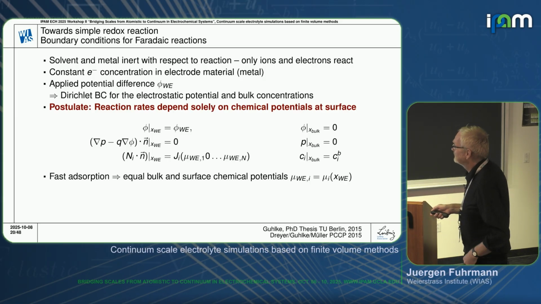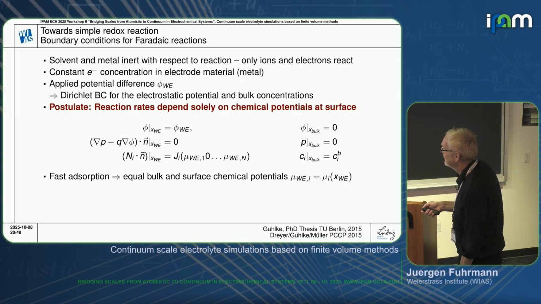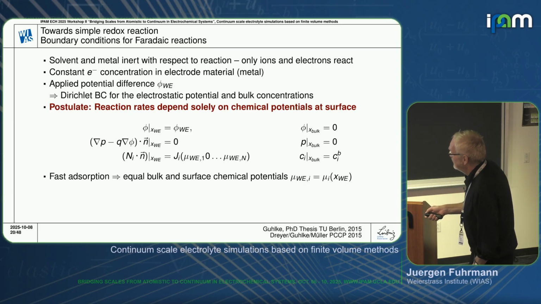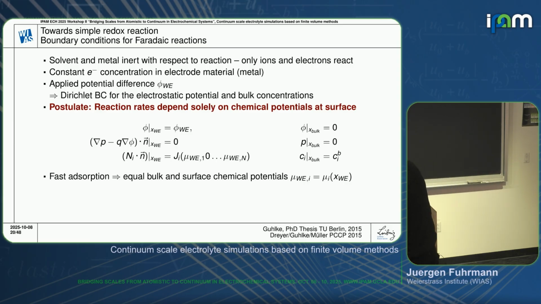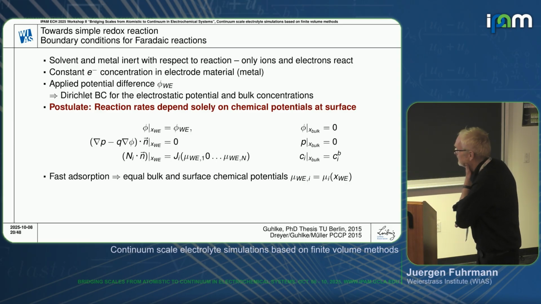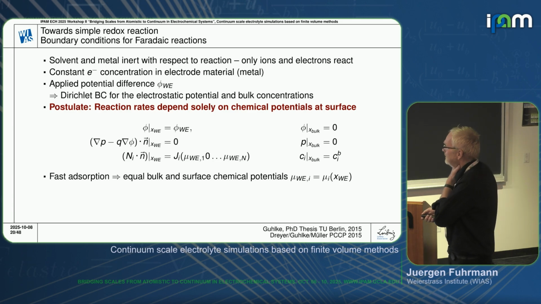And one of the postulates is that we have reaction rates for the electrochemical reactions, which depend on the chemical potentials at the interface between solid and the metal. And that means that we take into account the chemical potentials at the metal side of the electrode.